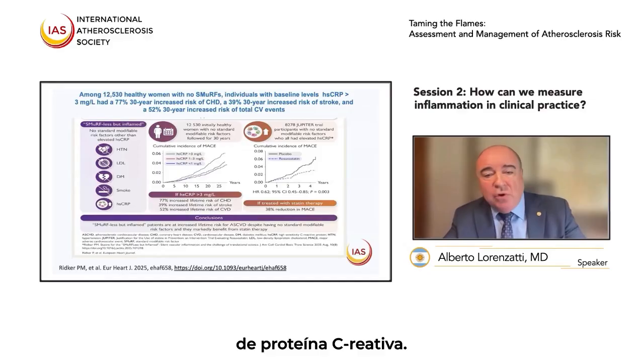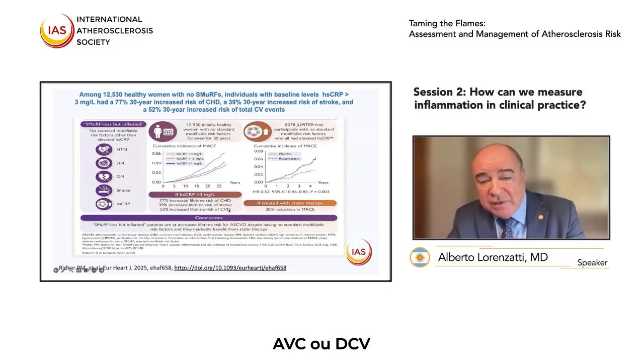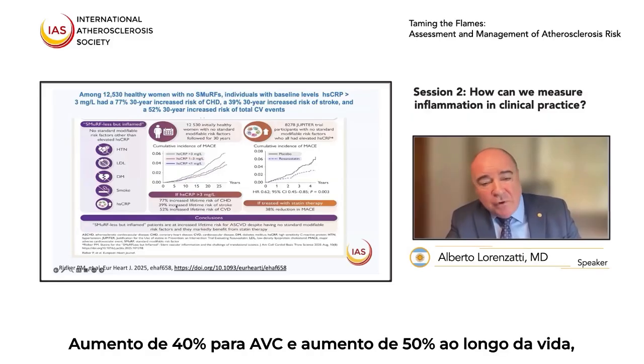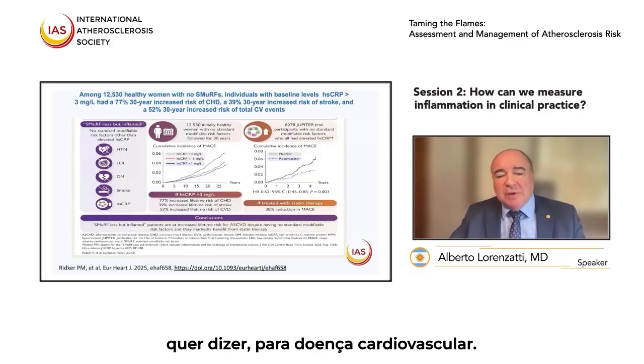The incremental risk for coronary heart disease, stroke, or CVD at 30 years was a 77% increase for coronary heart disease, a 40% increase for stroke, and a 50% increase lifetime for cardiovascular disease.